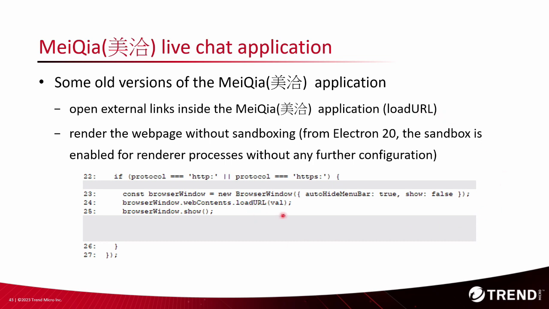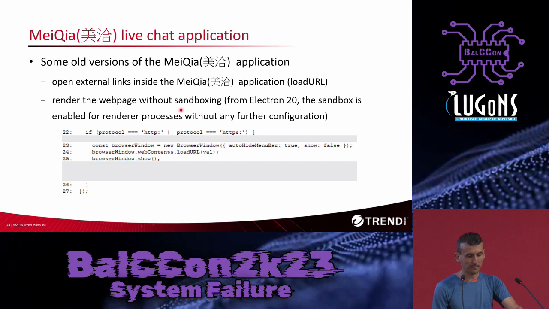So the content is opened inside the application, which is written in an older Electron framework, and in older Electron the sandboxing was disabled. Also in these applications, sandboxing was disabled. As I mentioned, this CVE vulnerability worked only when sandboxing was disabled, and this was exactly the case.